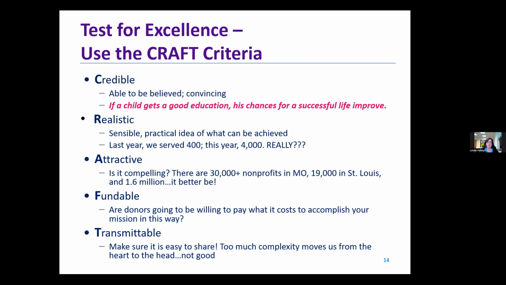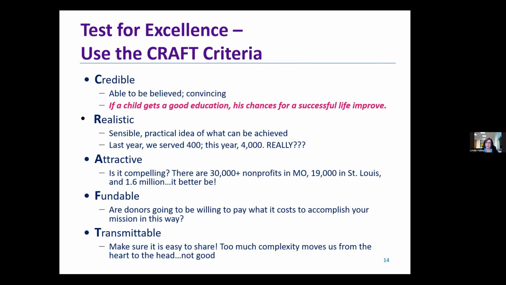Number three, I think it needs to be attractive, because you are in fact out there with 30,000 other nonprofits in Missouri trying to get philanthropic dollars. So it has to have a little sizzle. Again, it's got to have some emotional language that invokes my feelings and my interests, so I want to help you. The donors are going to want to know, is what you're asking for realistic?